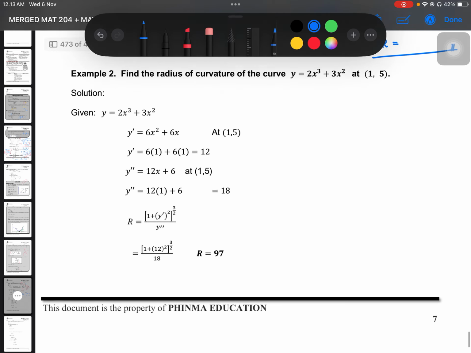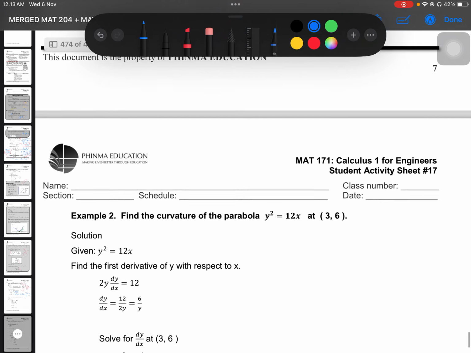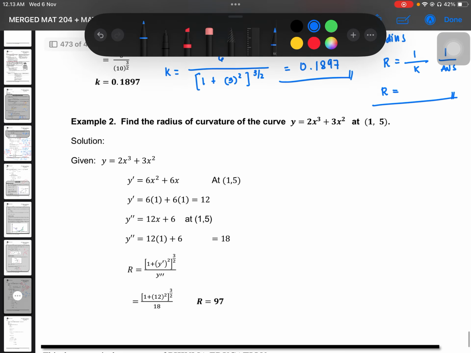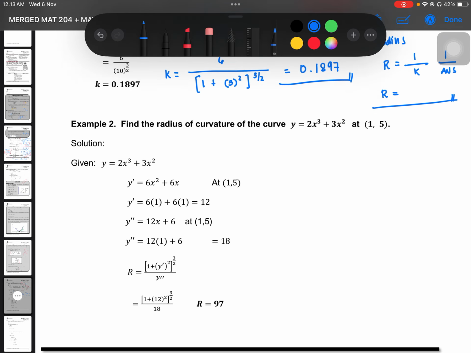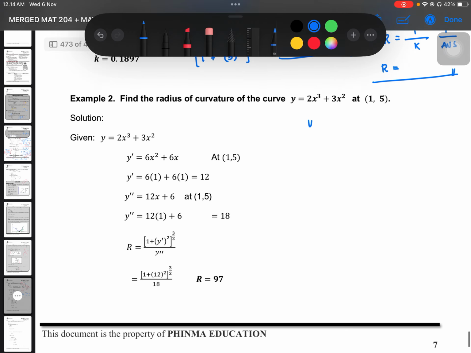Okay? So, in here, example number 2, gano'n lang din siya. Okay, mas mahaba lang yung naging given. Okay? So, ibig sabihin dito, find the radius of curvature of the curve. So, again, ang kuhanin lang muna natin si y prime, and then y double prime, then use the formula. Okay?